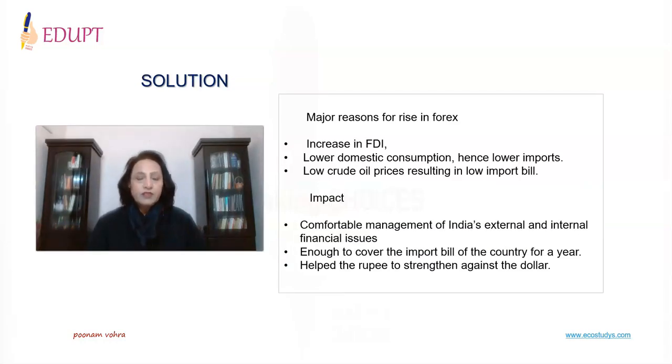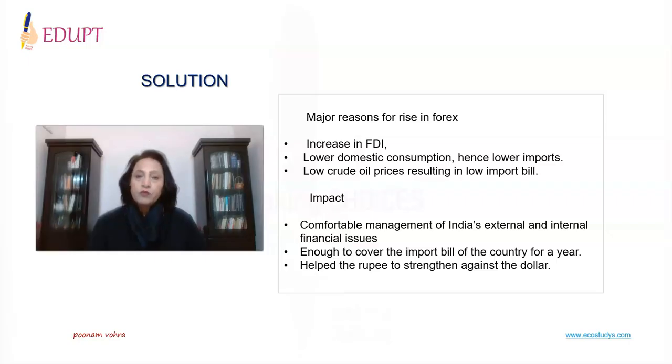The 3 major reasons for the increase in foreign exchange reserves are: 1. There has been an increase in foreign direct investment due to the Make in India project push. 2. There has been lower consumption demand in the economy and hence lower imports.